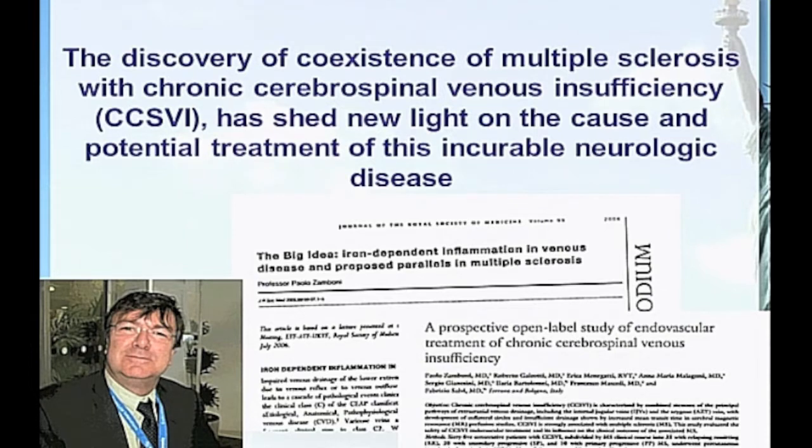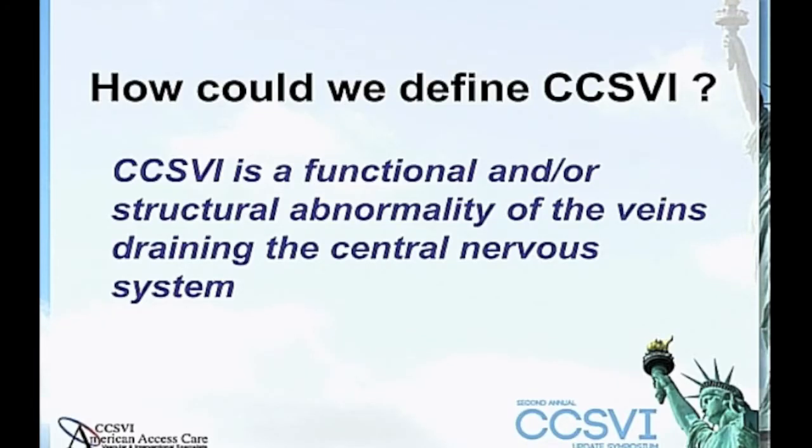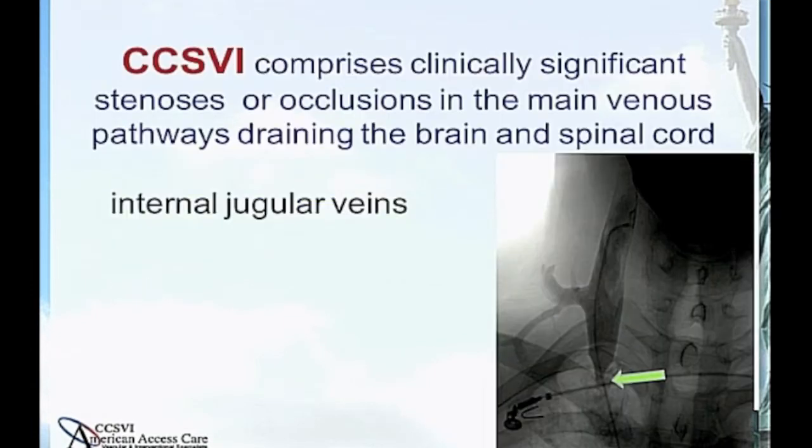Of course, all of you know Professor Zamboni. At least you have a photo of him, and his discovery of venous problems in multiple sclerosis has shed new light on this problem. At the moment, we define CCSVI as a functional structural abnormality in the veins draining the central nervous system.